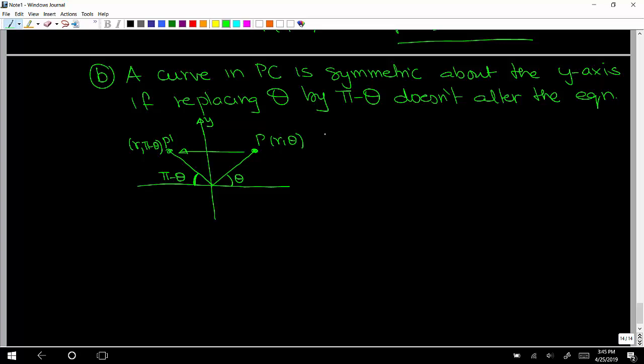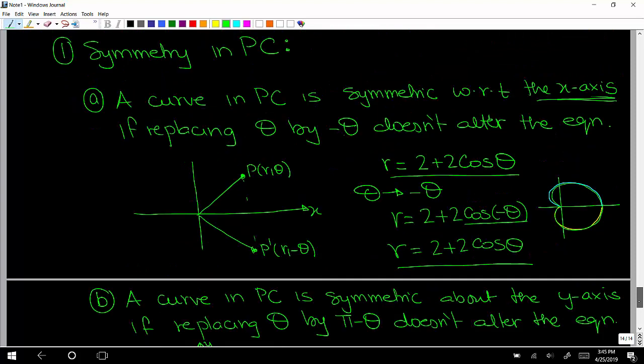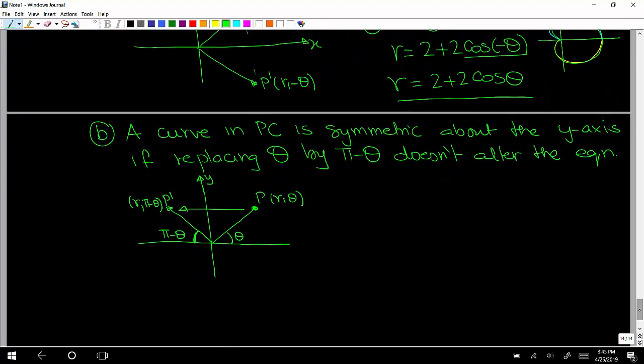So what does that mean in terms of an example? Let's do an example. Let's say that I have r is equal to cosine of 2 theta.